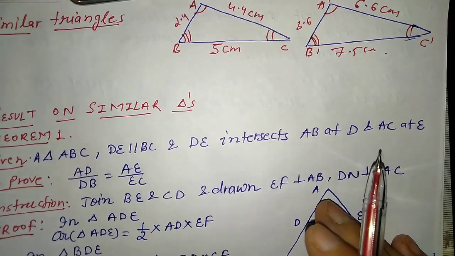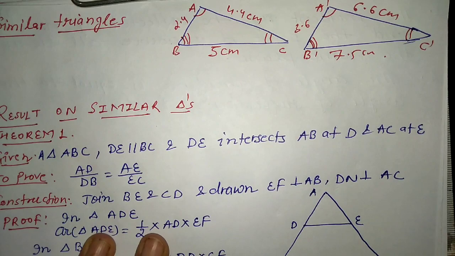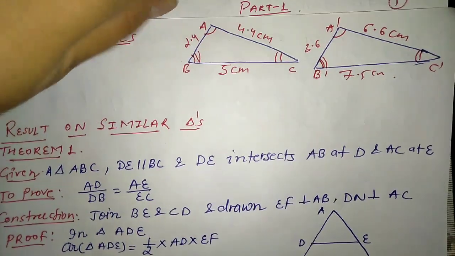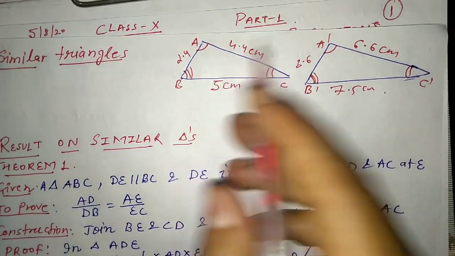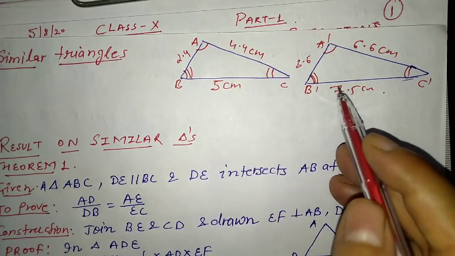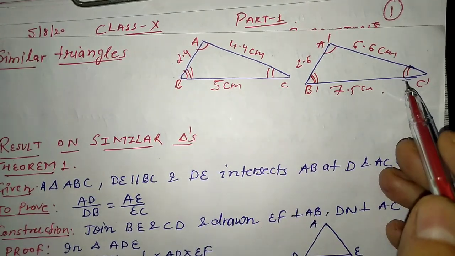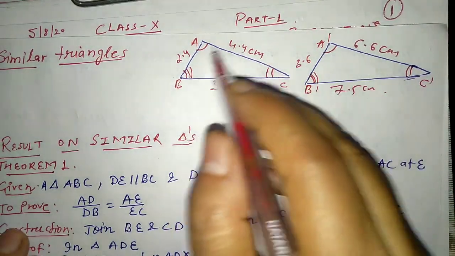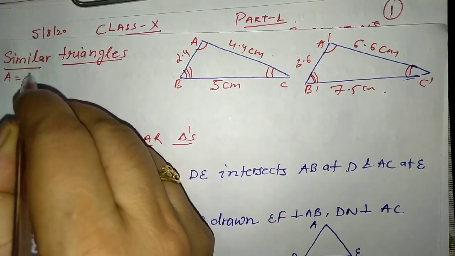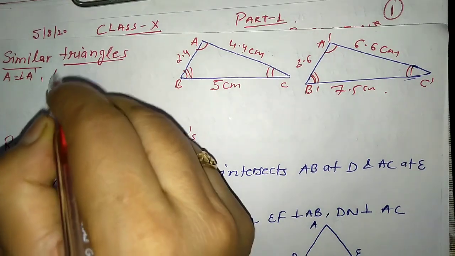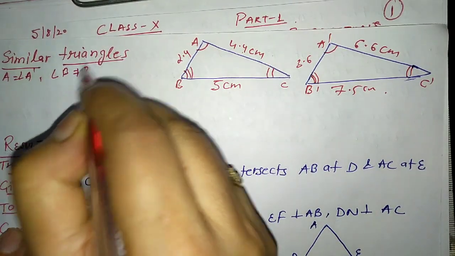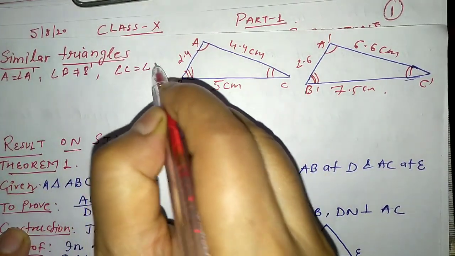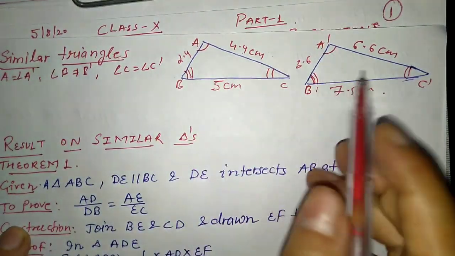Now let us talk about similar triangles. Suppose we have two triangles with angle A equal to A dash, B equal to B dash, and C equal to C dash. Here is 4.4, and this is 6.6. The angles are equal. Now we will check the corresponding sides also.